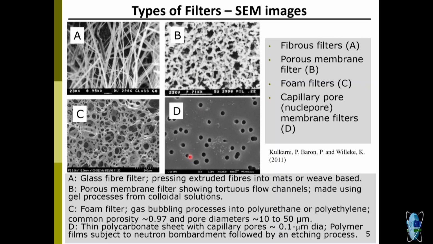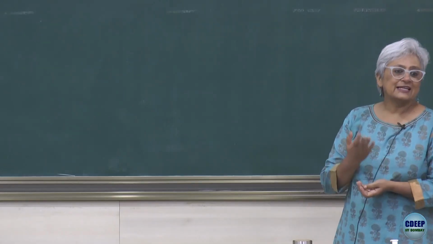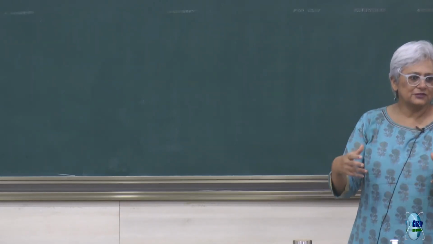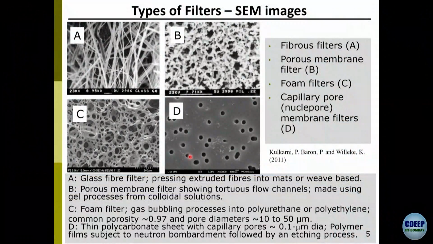It was made for very low particle concentrations, where you also wanted to be very exact in the cutoff diameters that you collected. It takes a polycarbonate sheet, and it is actually manufactured in a nuclear reactor. You have to bombard it with neutrons and then etch it for an exact period of time, which is why you have such clear pore sizes here that look almost identical to each other.